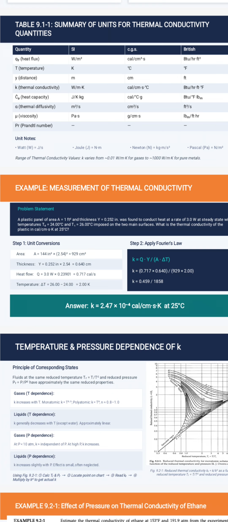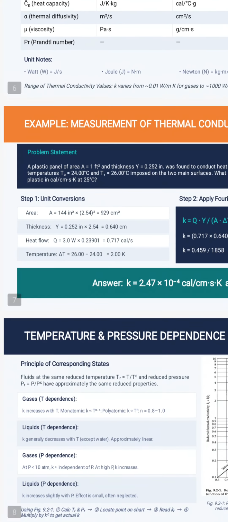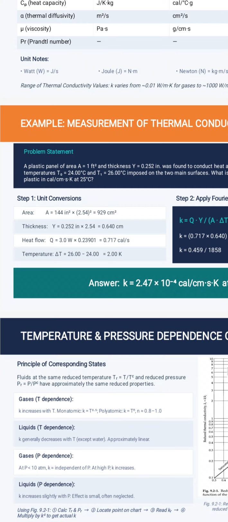First we will convert it into CGS units so that our calculations will be more simple. So area 144 inches square is equal to 929 centimeters square. Thickness y equal to 0.252 inch, which is equal to 0.640 centimeter.